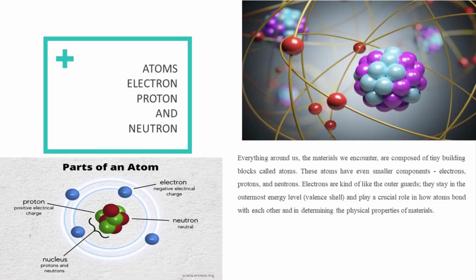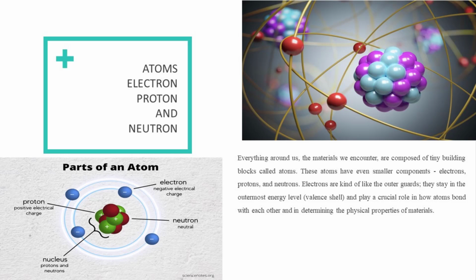Next, we shift our focus to the very small components that make up all the materials around us. Everything we see is composed of atoms, and within these atoms there are even tinier particles, electrons, protons, and neutrons. Imagine atoms as tiny solar systems.